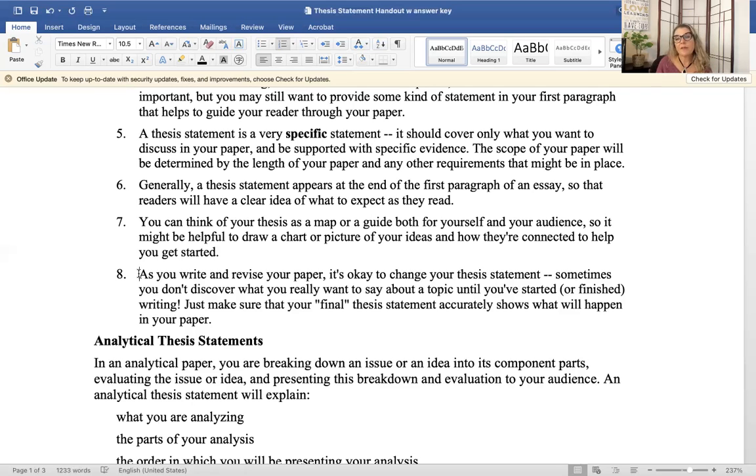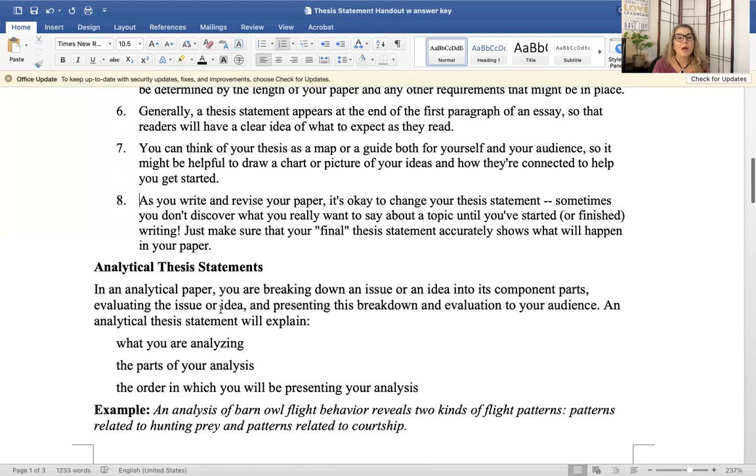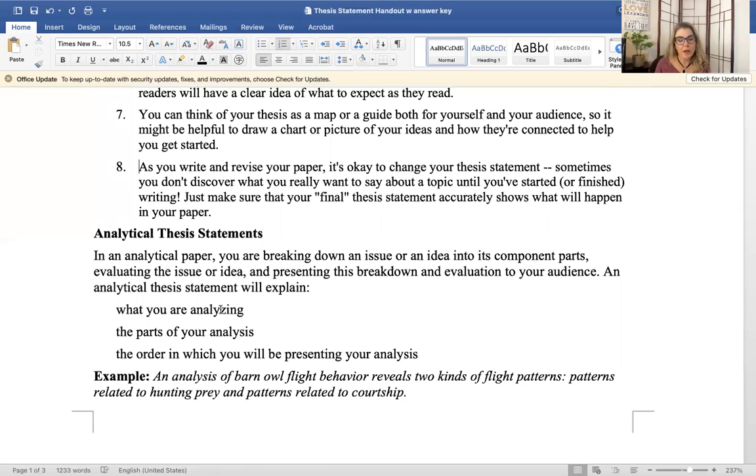So during the drafting and revision process, part of the writing process, you can change that thesis. But once you finalize that draft, once you polish that draft, that should be your final thesis statement, okay?